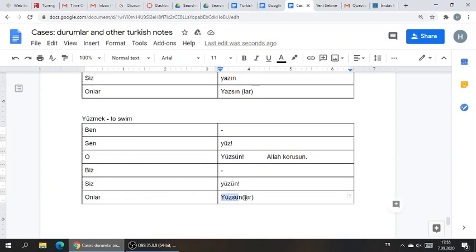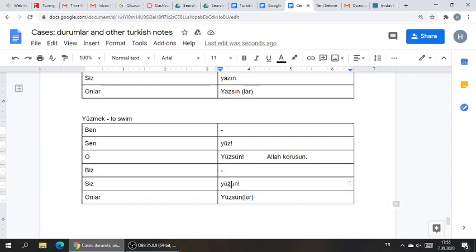all right? And yüzsünler. So just to recap, I want to say that principle again. Ben and biz, okay, usually look about the same, with biz having just a couple of letters added onto it, usually. Sen and siz, same thing.